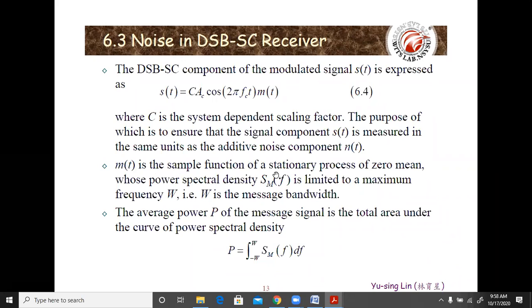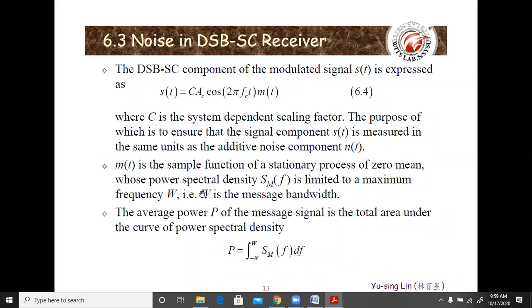m(t) is the sample function of the message process, a stationary process of zero mean, whose power spectral density S_M(f) is limited to the maximum frequency W. That is, W is the message bandwidth.